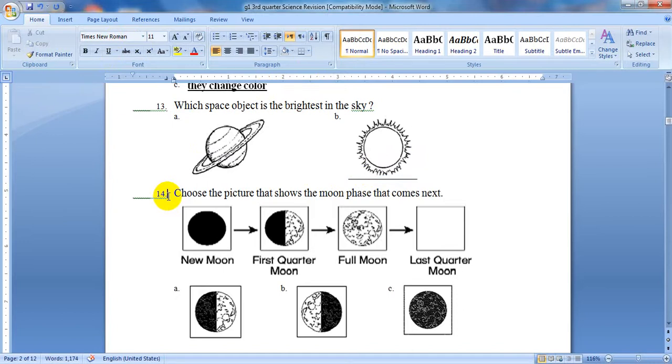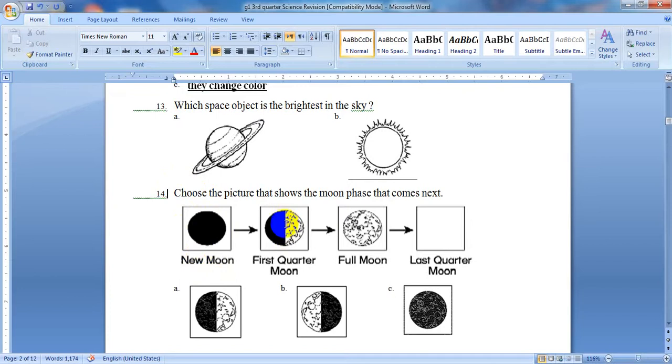The next question, number 14. Choose the picture that shows the moon phase that comes next. As we studied the moon phases, when the moon is all dark, it's called a new moon.